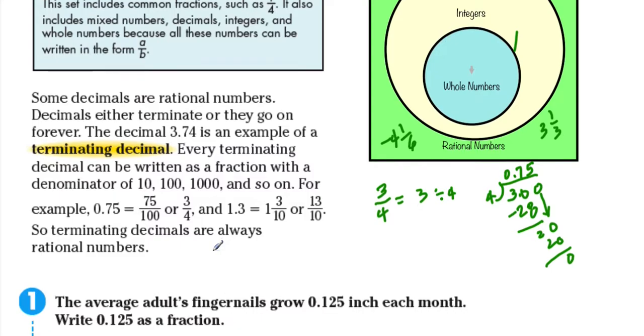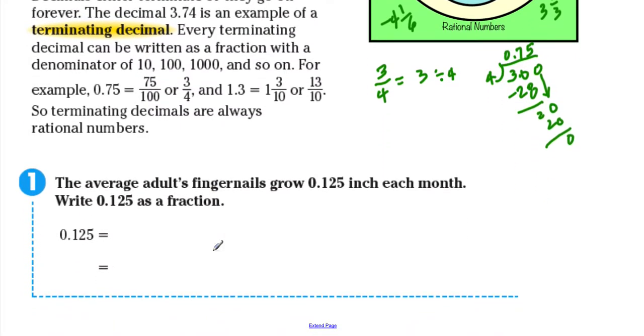So all terminating decimals are considered to be rational numbers, and all of their denominators are always either 10, 100, 1000, and so on and so forth. Let's take a look at this example. The average adult's fingernails grow to 0.125 inch each month. Write 0.125 as a fraction. 5 is in the thousands place.